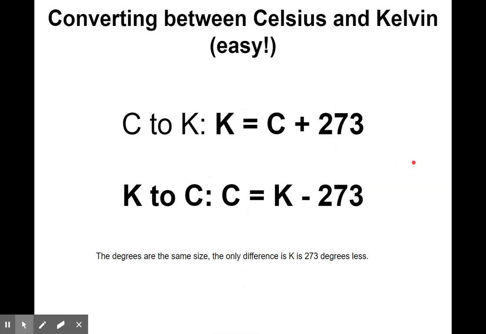Okay, so converting between Celsius and Kelvin. This is easy. Celsius and Kelvin have the same degree size, so the little increments are exactly the same. The only difference is that Kelvin is 273 degrees less. Now that is because of absolute zero.